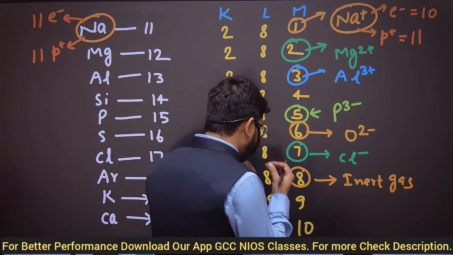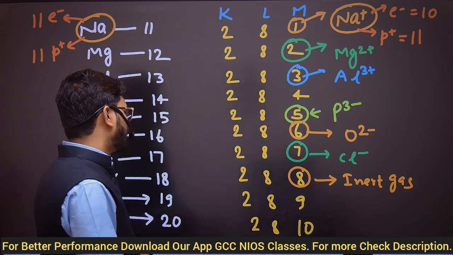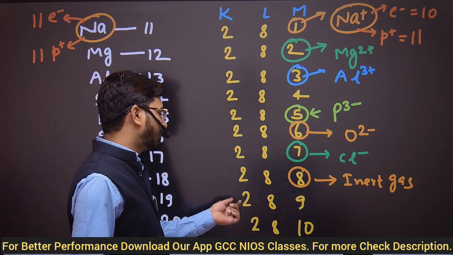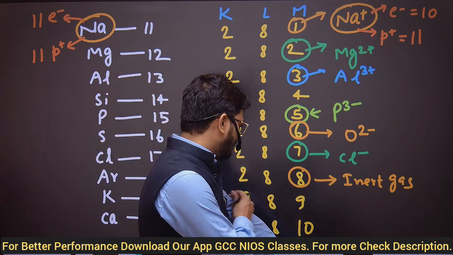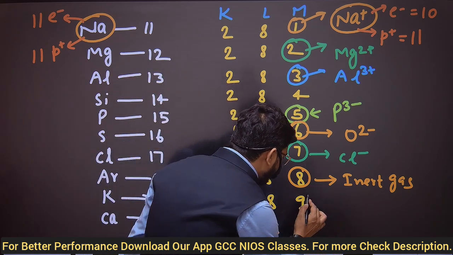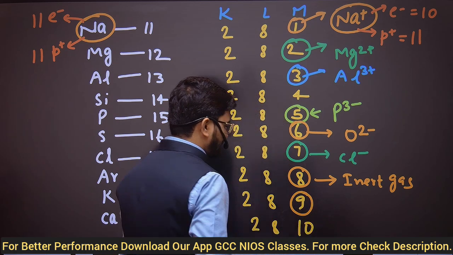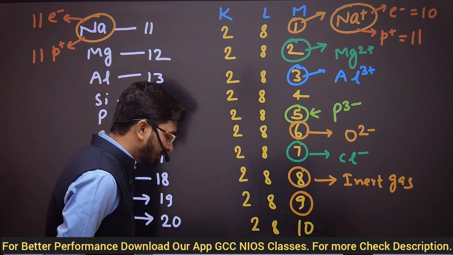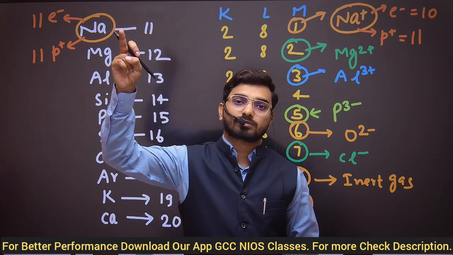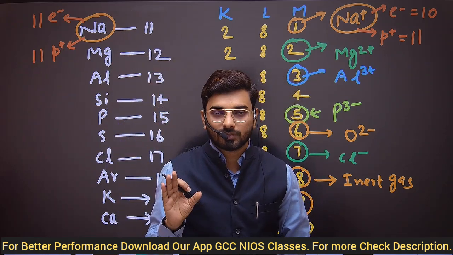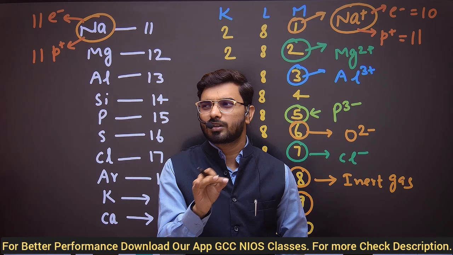So let's try to understand the case of potassium. In the case of potassium, we have 2, 8, 9. So we will focus on the last cell, last orbit. Always we have to focus on the last cell, not the inner core. Inner core means nothing.